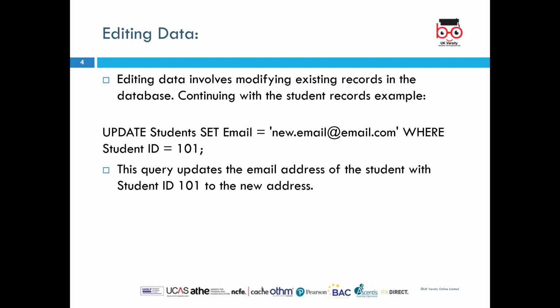SET is the command which you are giving to the database, and you are updating the new email ID: SET email equals new email at email.com, or whichever email you want to enter, WHERE student ID equals 101. So you are fetching the record by the student ID and updating the email for the respective student. So this query updates the email address of the student with student ID 101 to the new address.